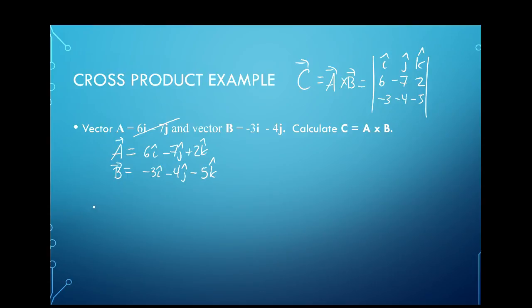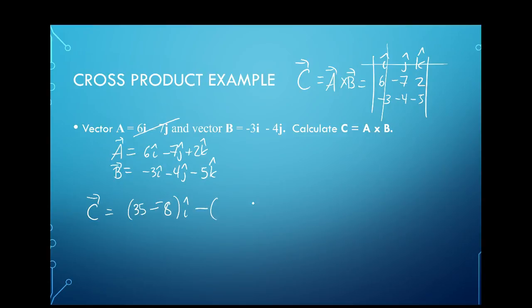Okay, so C is going to be equal to i hat times, so I cover up my i hat components, and that's going to be 35 minus negative 8 i hat.